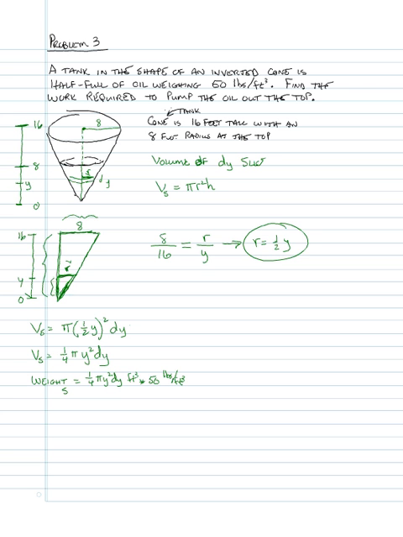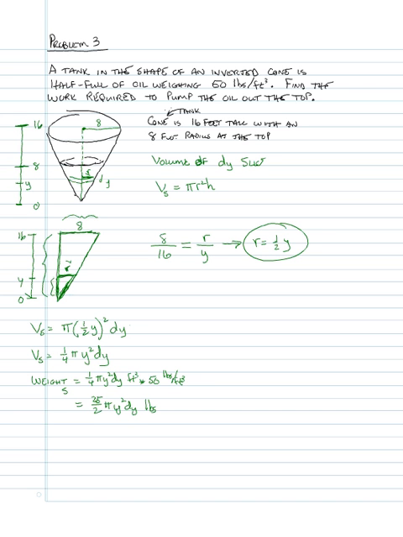And as we simplify that, I'm just going through the routine here, we get 25 over 2 times pi y squared dy pounds.